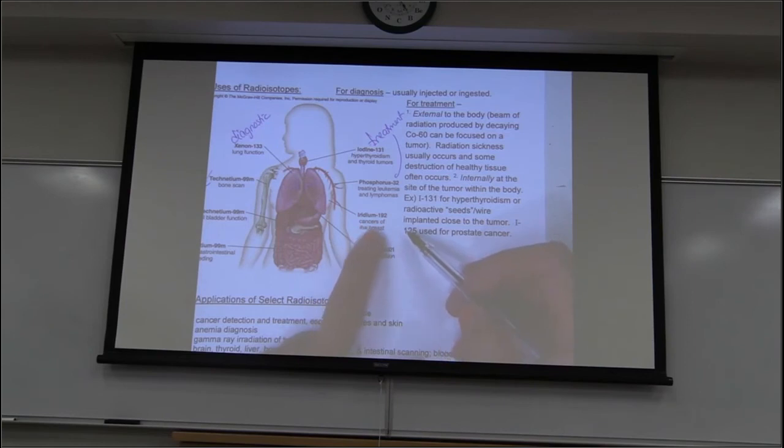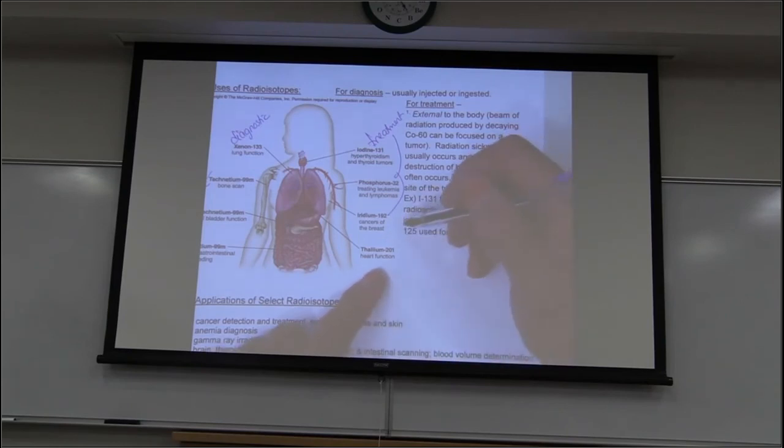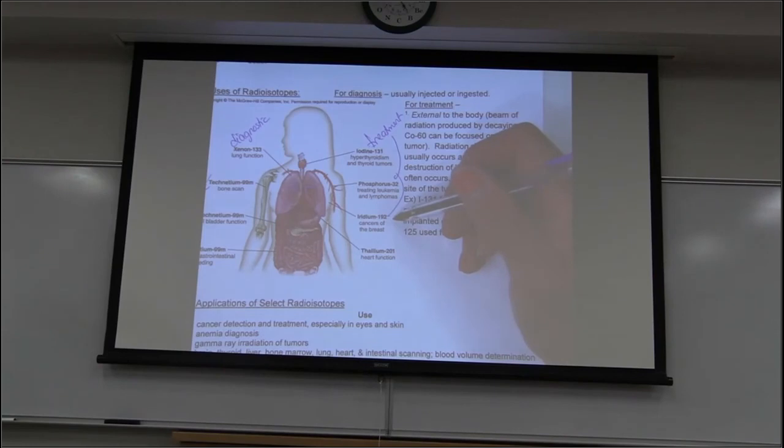Iridium-192 can be also used for treatment. But this is what I wanted to mention here. In Bowling Green, the Bowling Green Medical Center does not use radioactive isotopes to treat breast cancer. They use X-rays. Now, I'm not saying that there aren't places that do, because there are places that do.